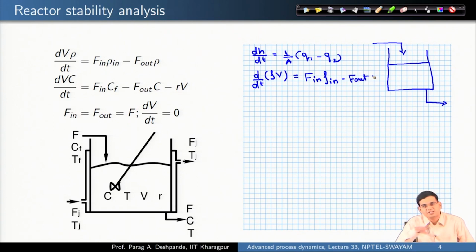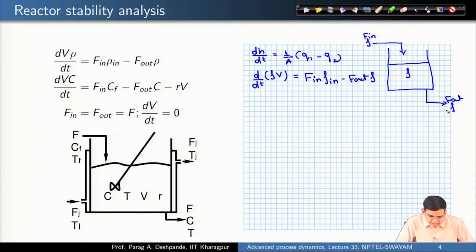The density of the reaction mixture has been assumed to be rho. So, this would be F in rho, and this would be F out rho, right.